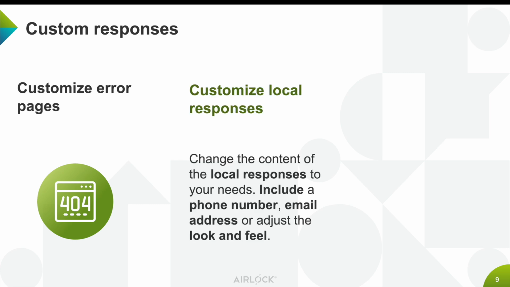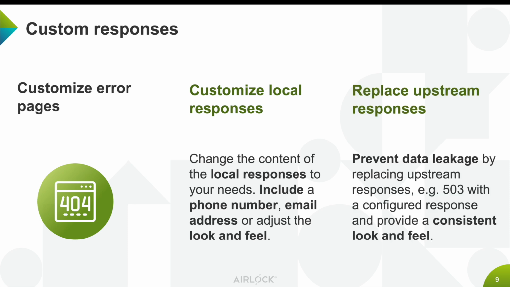Typical use cases are to include the contact details of the support or adjust the look and feel to the corporate identity. Sometimes backends leak sensitive data when an error occurs. Replacing these responses from the backend is now possible and helps to prevent data leakage and create a consistent look and feel.